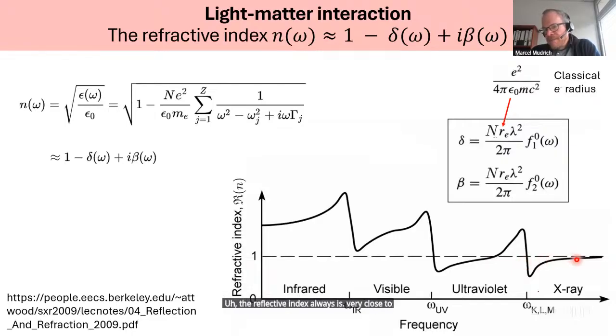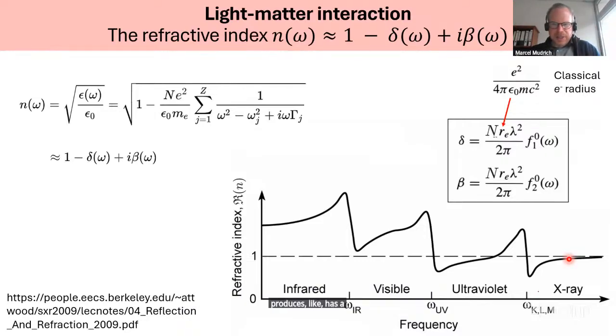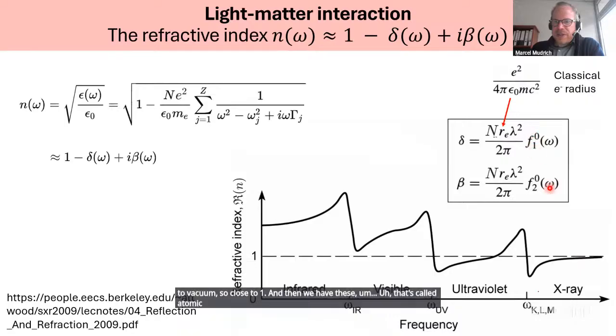So this already tells us that building a lens with a short focal length that sharply focuses light will be very hard in the X-ray, because the index of refraction is so close to vacuum, so close to 1. Then we have the atomic scattering factors, f1, f2.